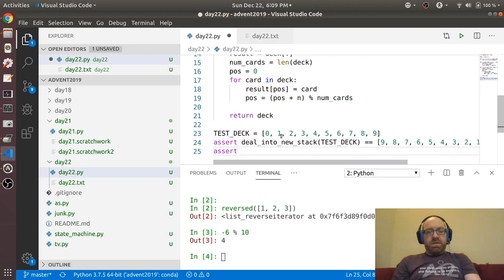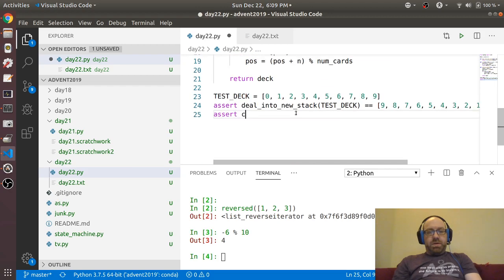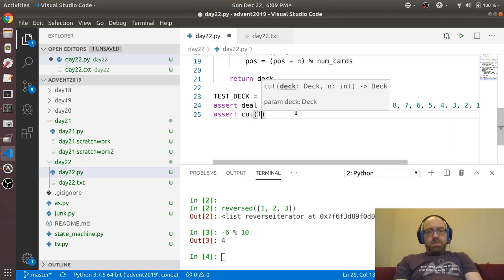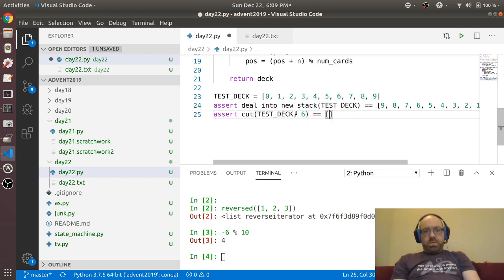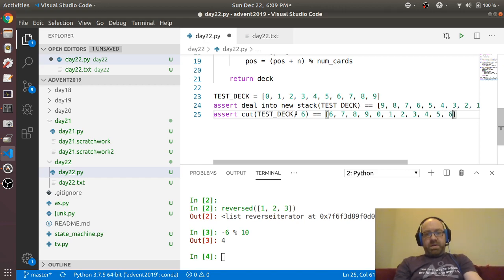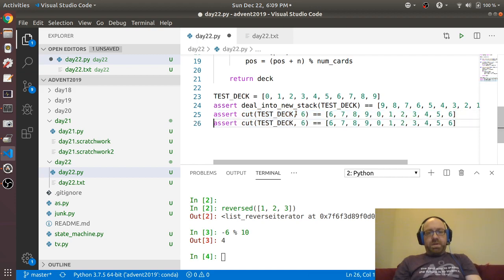Test deck equals that, and then cut test deck, comma 6 equals, and so we said that should be 6, 7, 8, 9, 0, 1, 2, 3, 4, 5, 6. And then similarly, if I cut it at -4, that should be the same.